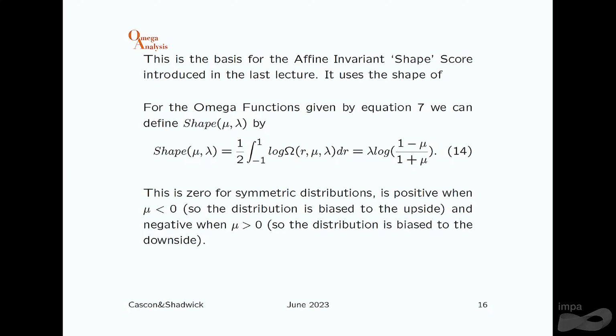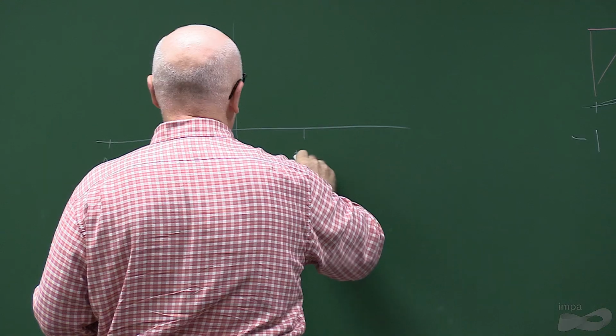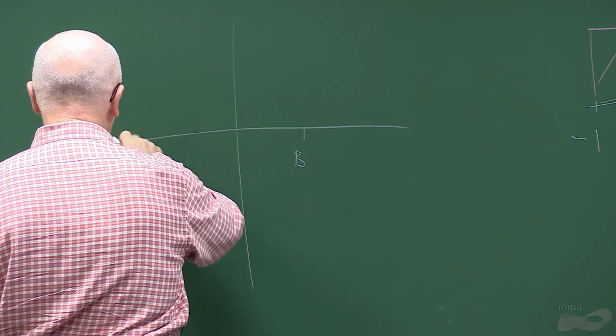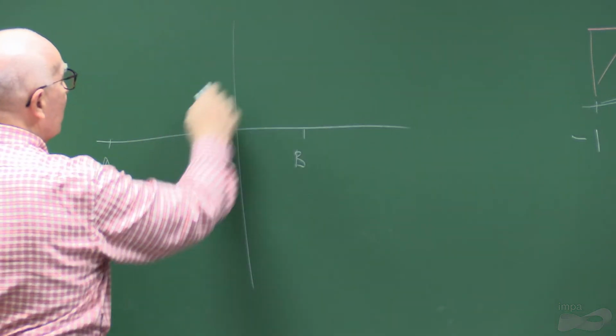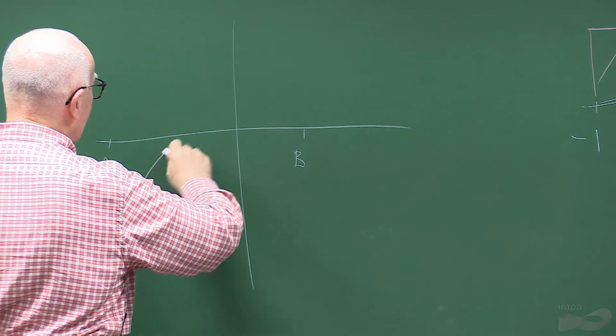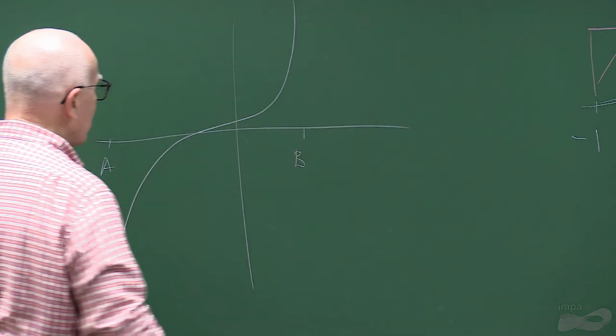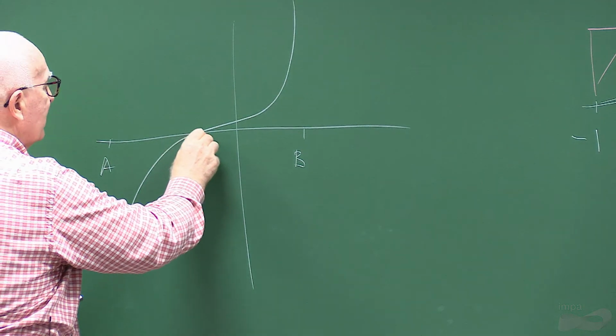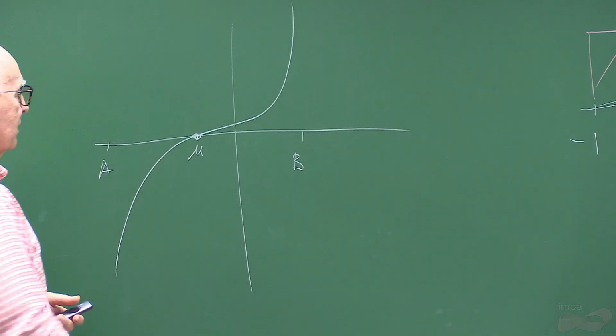You have an omega function on AB. Then the omega function goes to 0 at A, infinity at B. You take its logarithm, you get something that's a little more interesting looking. And it's 0 exactly where the mean is.